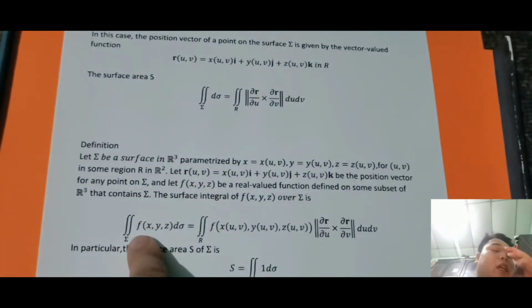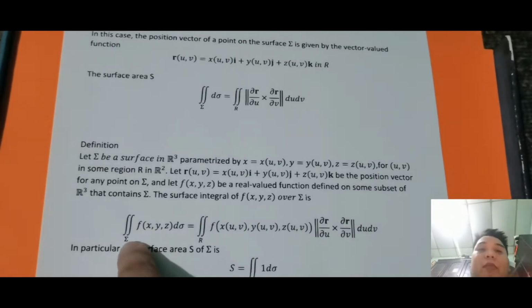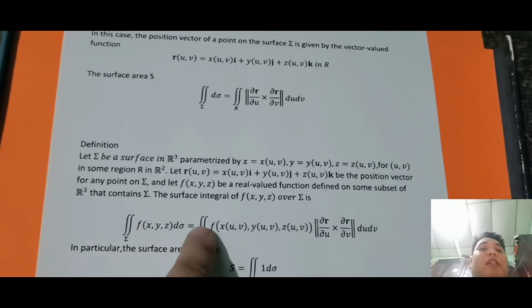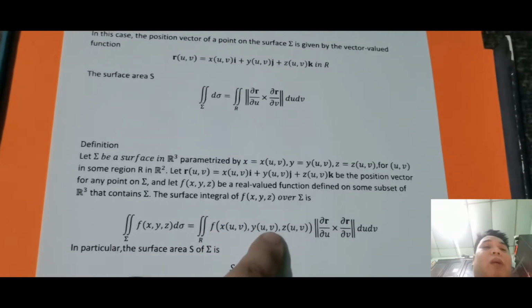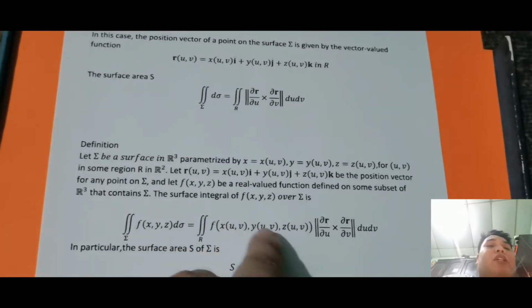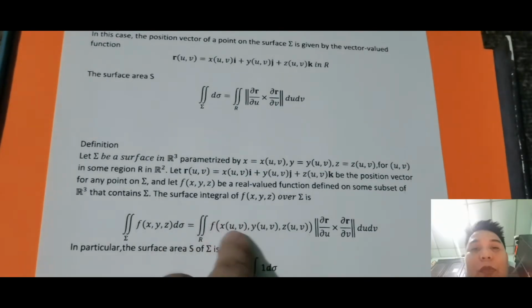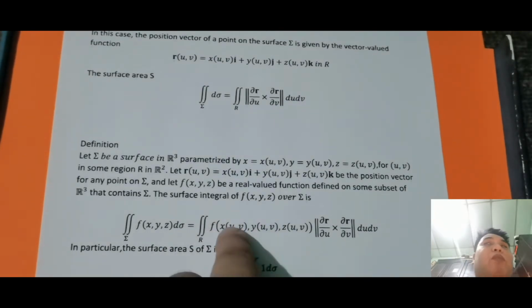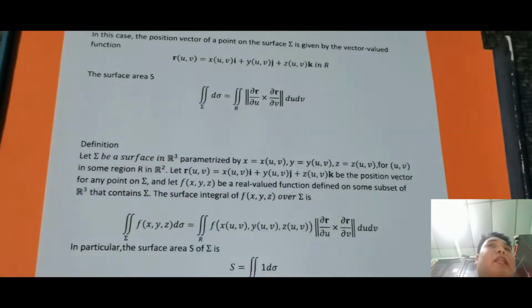Yung double integral along the surface sigma of f of x, y, z d sigma is just equal sa f of x of u, v, y of u, v, and z of u, v. So meaning, yung ating parameterization ng x of u, v, y of u, v, and z of u, v. So meaning, yung f of x, y, z, papalitan natin siya ng function in terms of u and v. So lalagay lang natin yan.